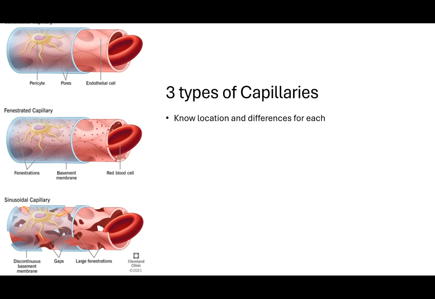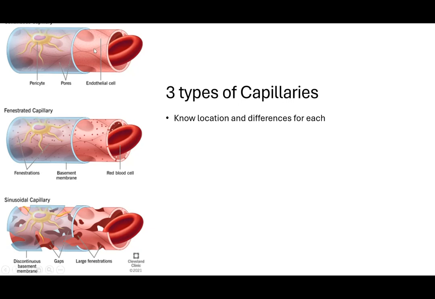Okay. So continuous capillaries, it kind of gives away right there in the name what we're looking at. We have a continuous basement membrane, which is this sheer portion here, shown in blue. That's a basement membrane. So the endothelial cells are all going to be continuous. There's no gaps really, except for something called intercellular clefts.